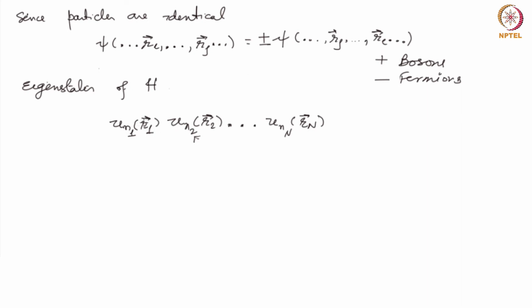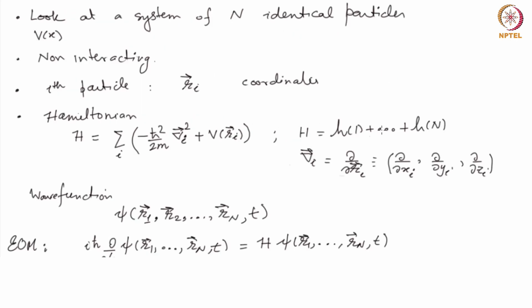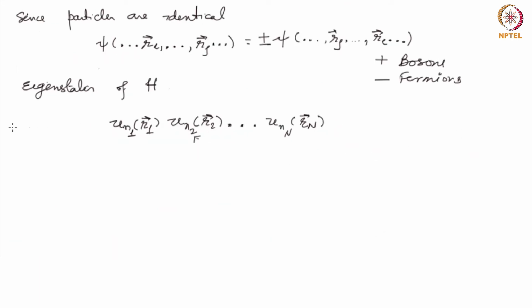That's easy to understand, because your Hamiltonian is just a sum of all the small h. When this sum is acting on the product of wave functions that I have shown to you, you can easily see that you will again get an eigenfunction.